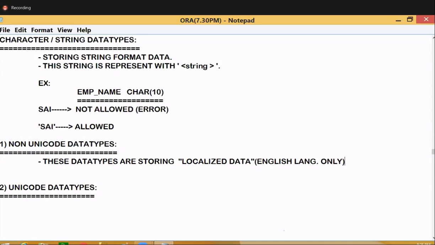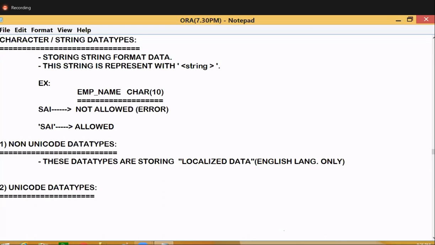Yes, English. So English is the local language of the world. That's why non-uni means non-universal support, which means localized, and only English language culture data we can store.